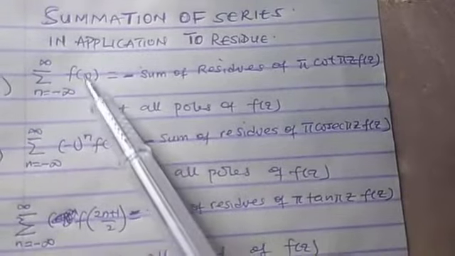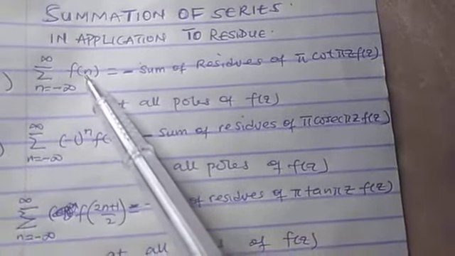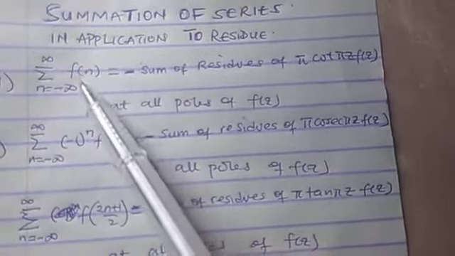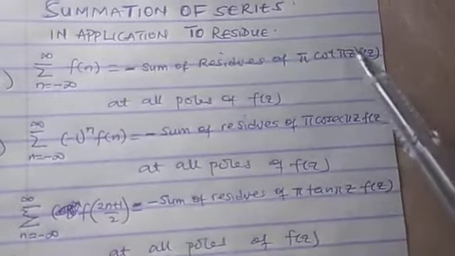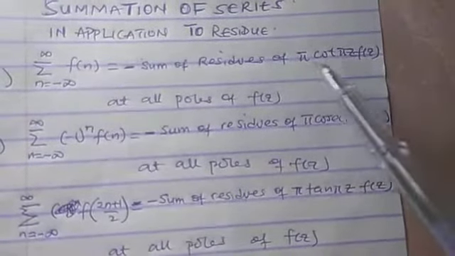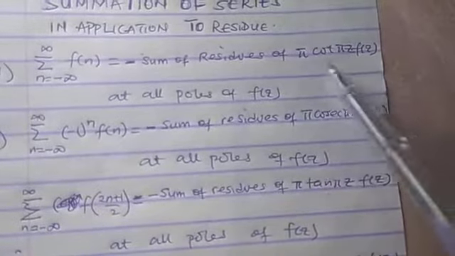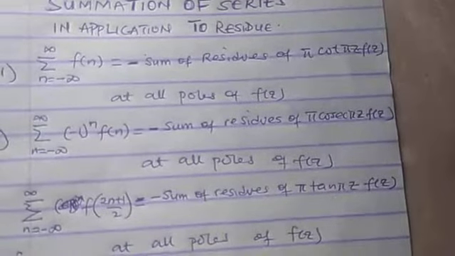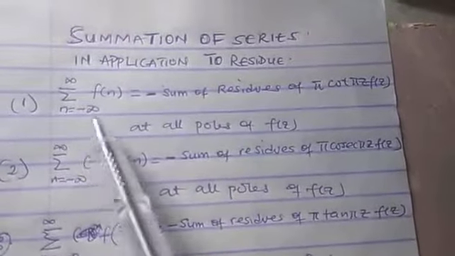F of z is gotten from this f of n, that is, we turn n to z, then we multiply by this. So the sum of the residues is just the sum of the series.